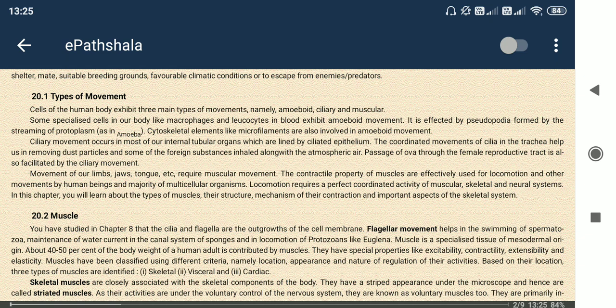This means that when we have any type of movement, whether from one place to another, or sitting in a specific location but moving our hands or legs, in both cases the cells involved in the movement are the muscular cells, or muscle cells.